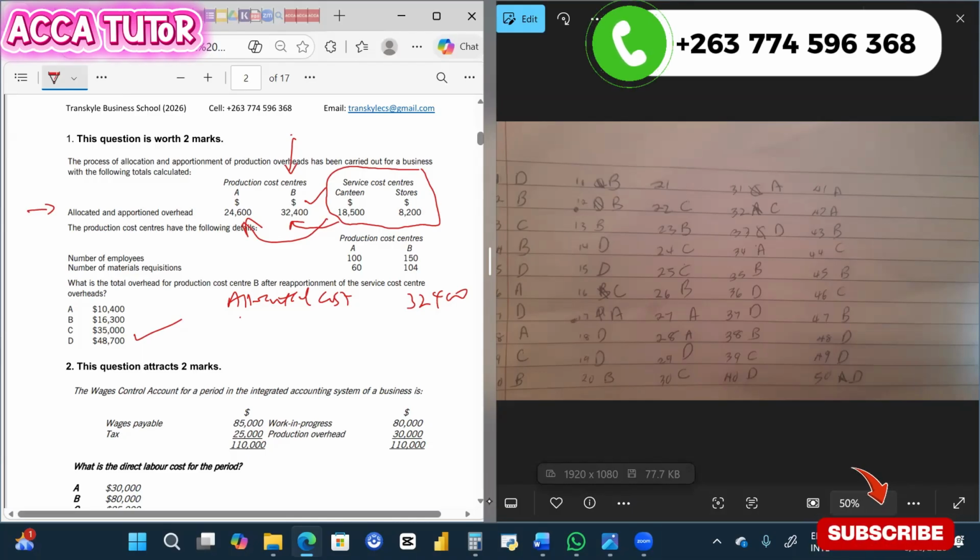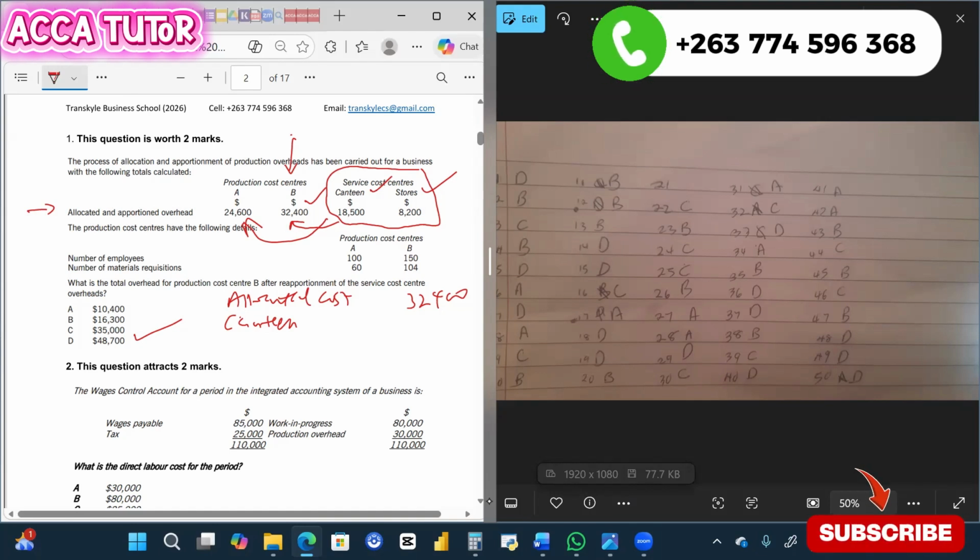Now we need to apportion both the canteen and the stores costs, which are going to be considered for B. So let's start with the canteen cost. The canteen cost to be apportioned to production cost center B should be based on an apportionment basis. Because these are canteen costs, normally we apportion them on the basis of the number of people who are eating from the canteen.